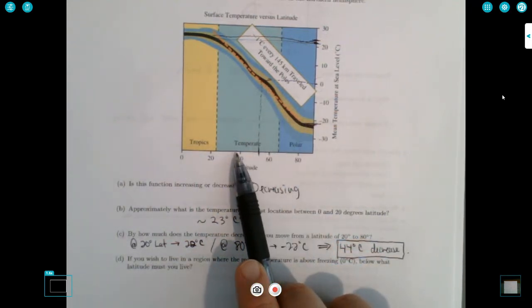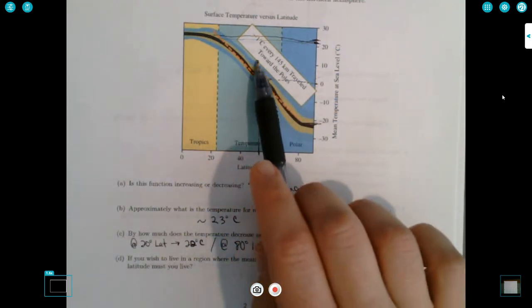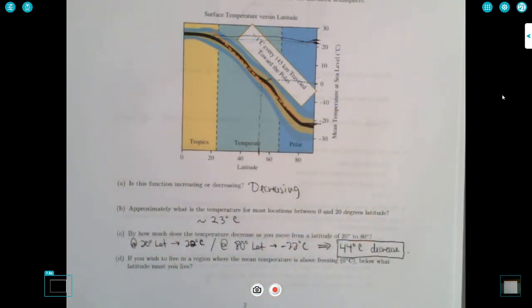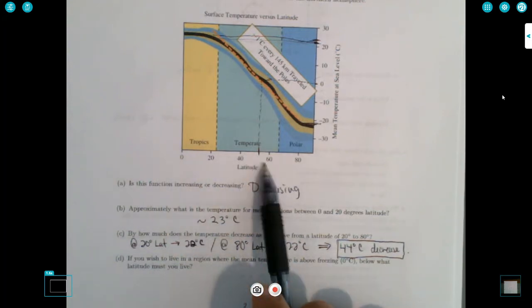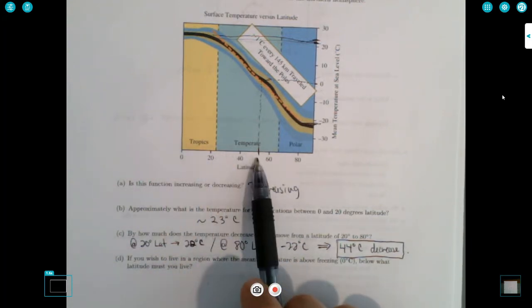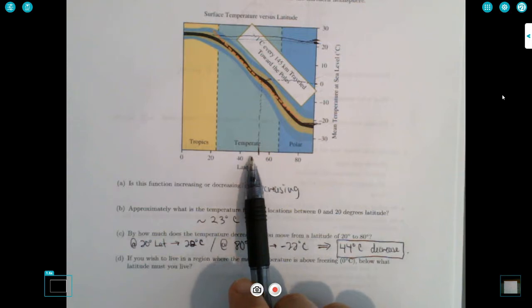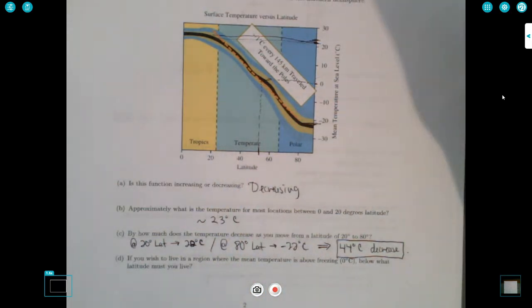Below this mark, the mean temperature is going to be above freezing, right? So you need to be below whatever that mark is. That's maybe 55, maybe 50, between 50 and 55 degrees latitude.